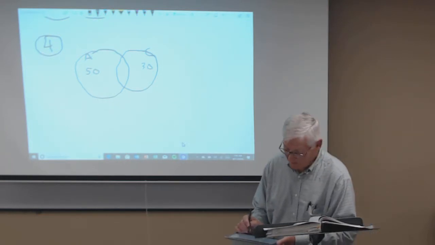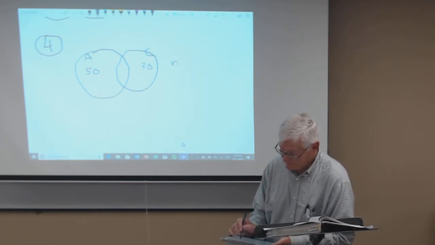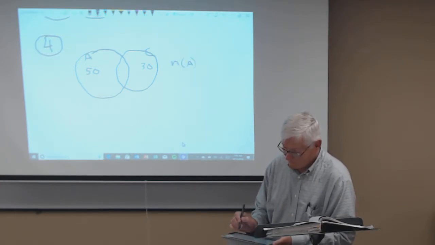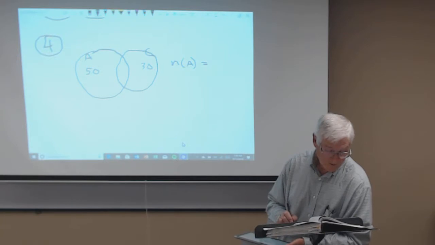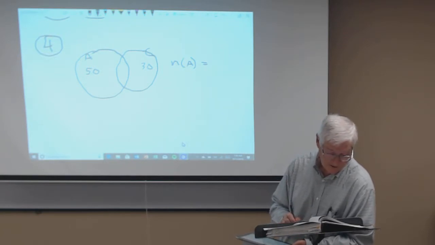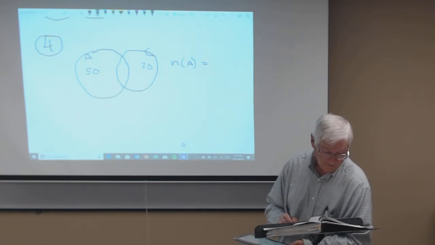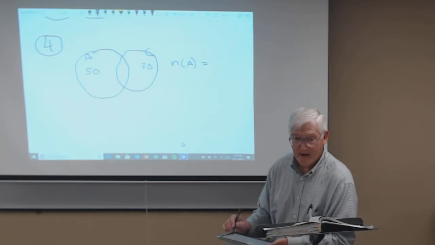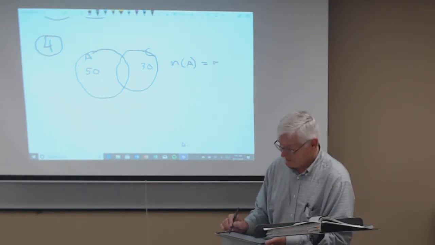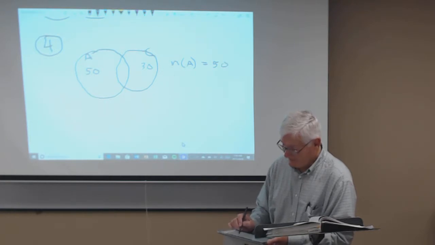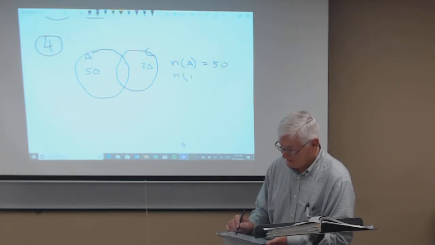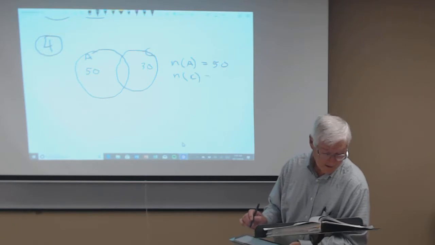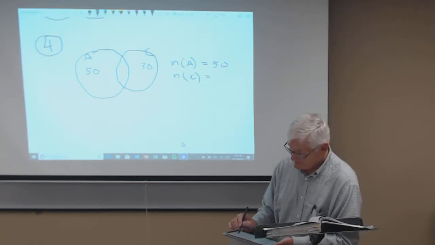Find the number of elements in A. What's the answer? 50. Find the number of elements in C. What is that? 30.